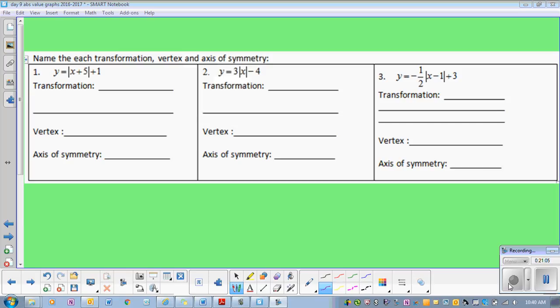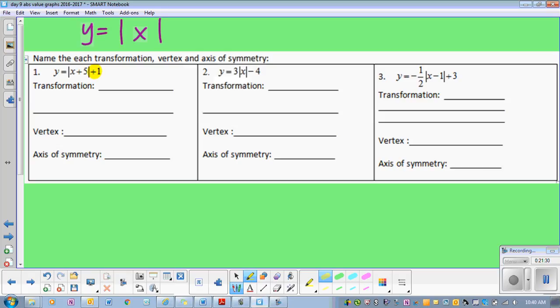So with these, okay, let's talk about the transformation, and then let's get the vertex and the axis of symmetry. So remember, your parent function is y equals the absolute value of x. What kind of things happened here, right? What was added on here from the most basic form of that function?